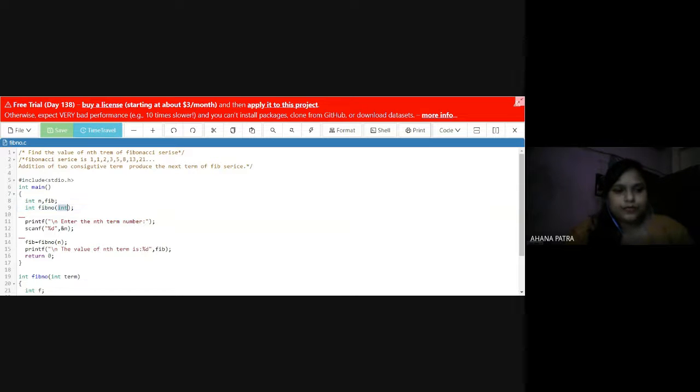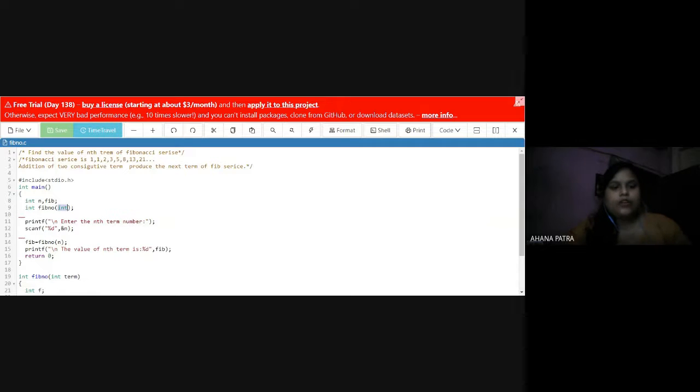Now we scan the term number using scanf with ampersand n, so we can get any term in n.